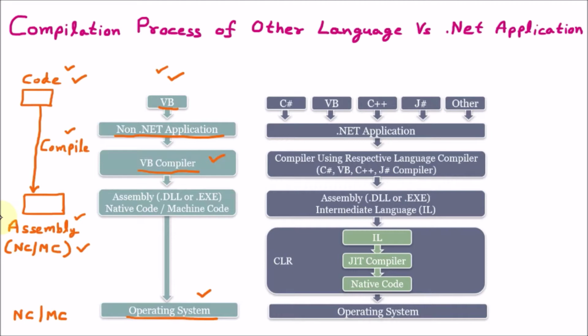Why is it written VB compiler? Because every language has its own compiler. Let's say C has its own compiler, VB has its own compiler. So now the code is converted to the assembly. We know that assembly is the main part of the program from where the program runs.